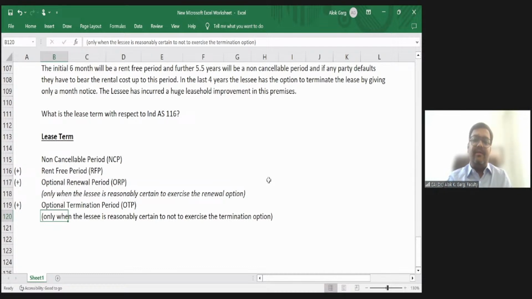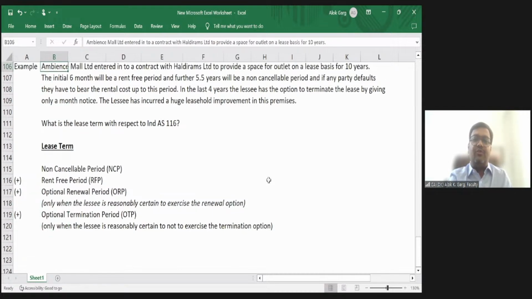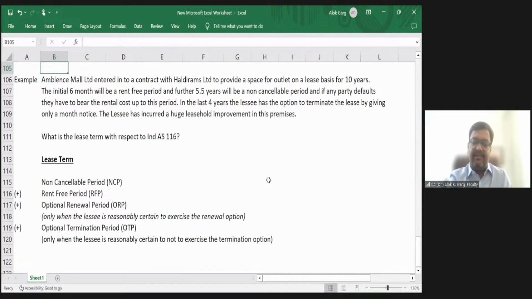So friends, again, I'm asking you that what should be the lease term in this case, right? The facts which I have given you, I need to understand from you guys what should be the lease term in this case. I have only told you that, lease term definition is you have to take optional termination period also if there is a reasonable certainty that the lessee will not exercise the termination option.